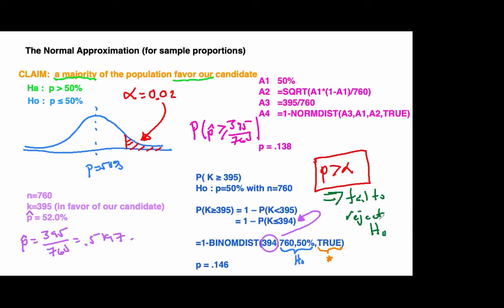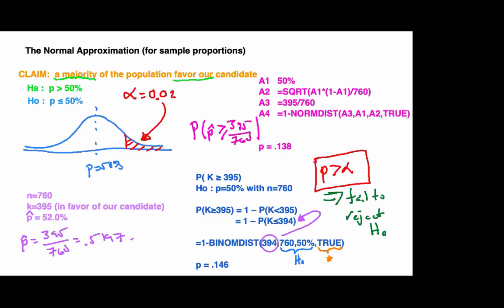And that's not so good for our candidate, because if we fail to reject the null, that means 50% or less are in favor of our candidate. So that's probably not the best finding for our candidate.